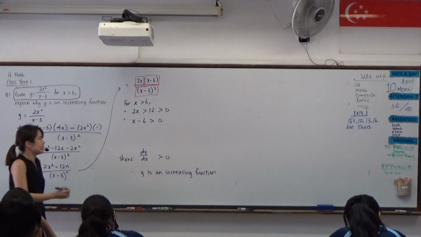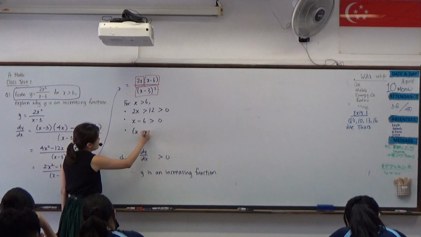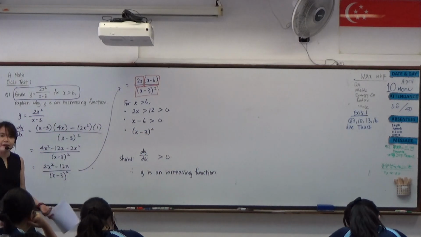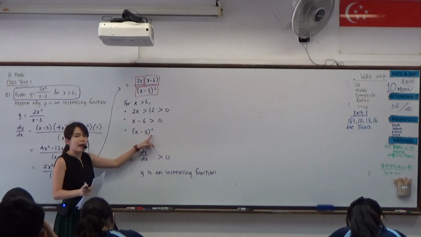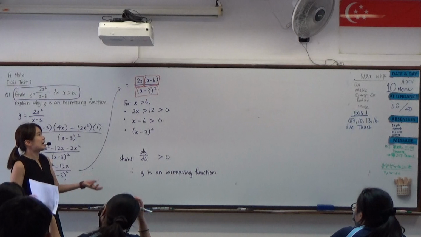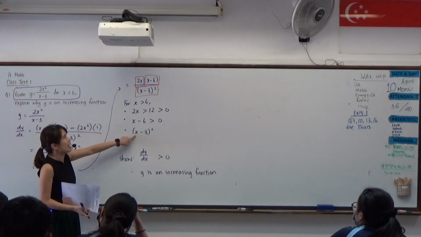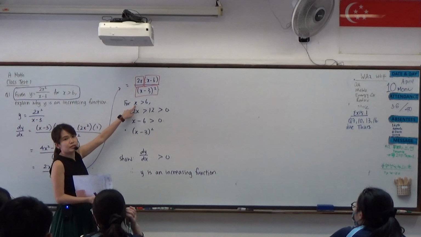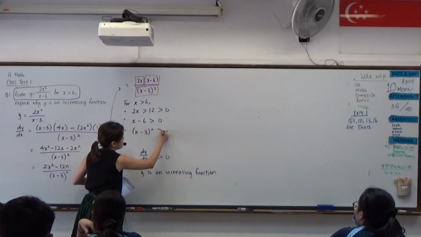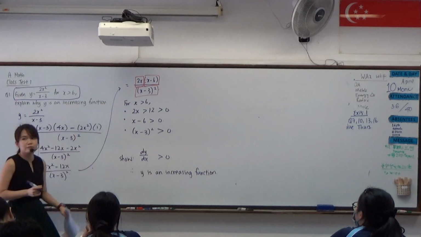Then for x minus 3 squared, we know that for any x value, as long as you square, it must be positive, otherwise equals to 0. But it cannot be equal to 0 because your x cannot possibly be 3, since we have already said that x is more than 6. So I can clearly state that it is more than 0.